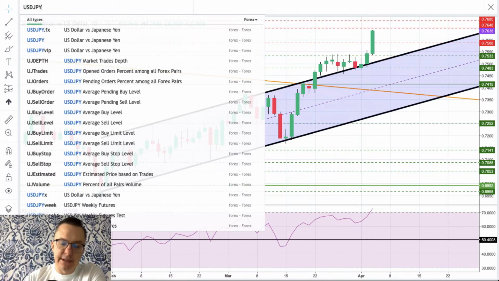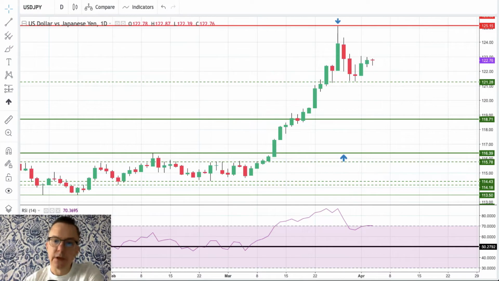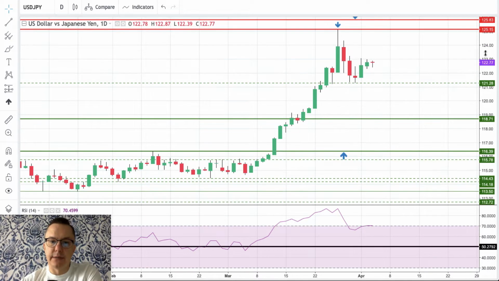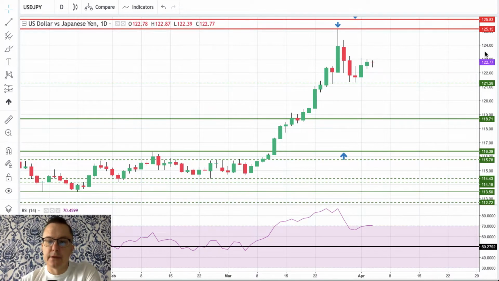USD to the Japanese yen. The governor's comments didn't really help the bulls at all after the extremely overstretched and overbought market conditions, with levels of 88, 87 points on the RSI. We got, of course, the pullback.